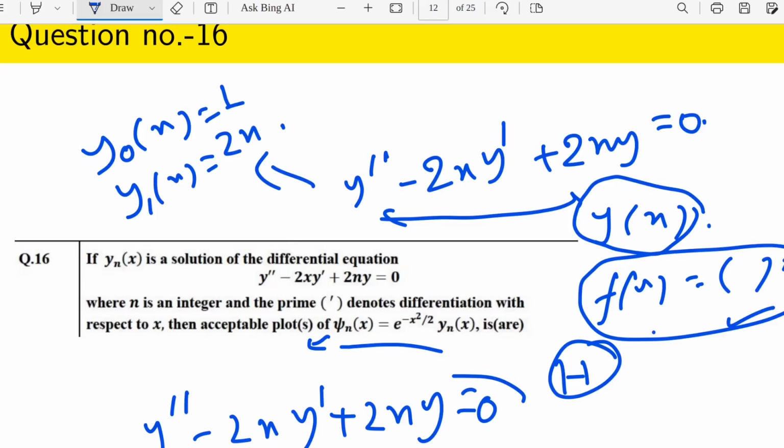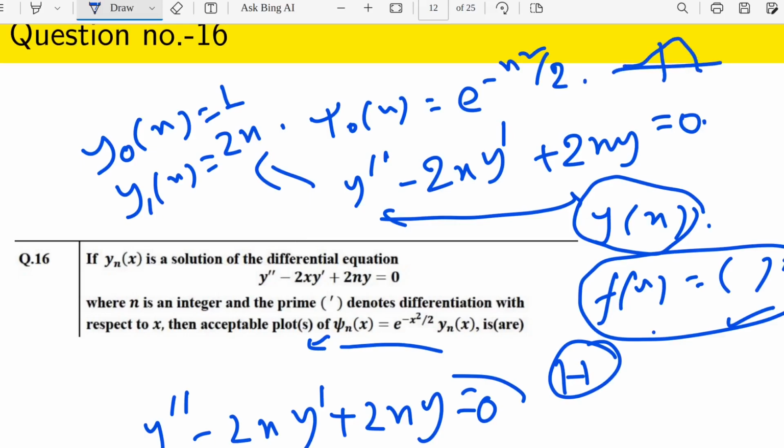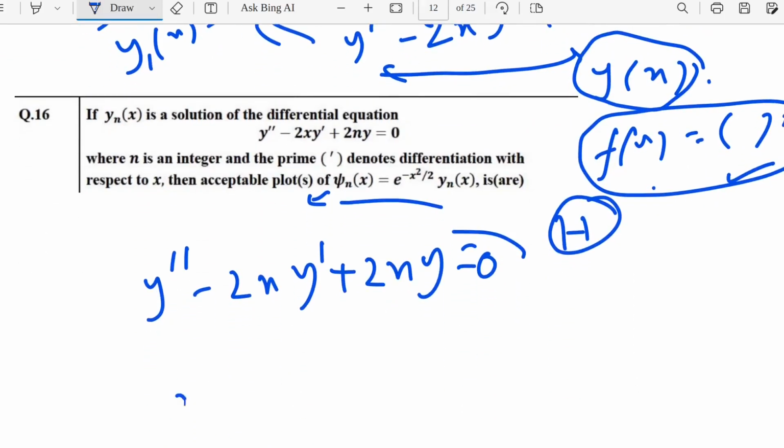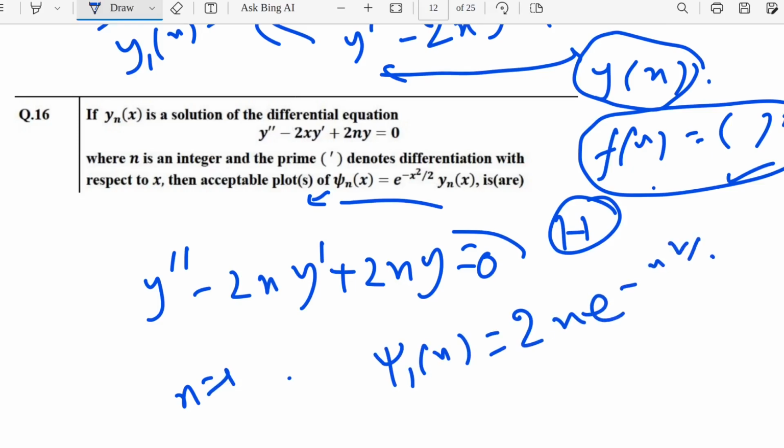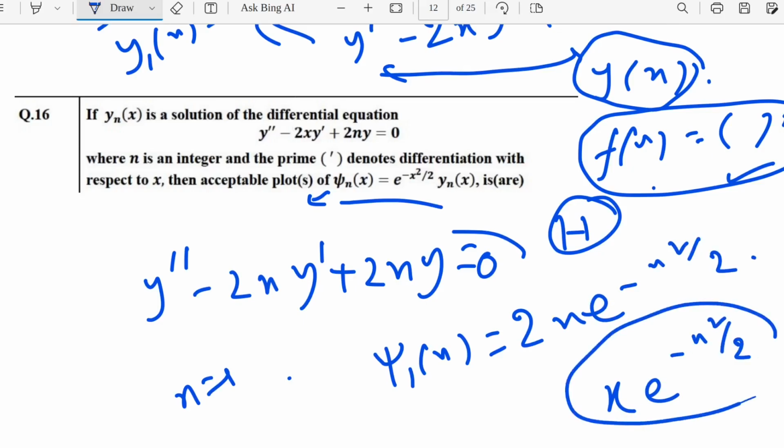Now we get the nature of that plot. Psi 0 x is e to the power minus x square by 2, and obviously you all know what the nature of e to the power minus x square by 2 is. It is like that. And for n equals 1, psi 1 x is 2x e to the power minus x square by 2, so it is nothing but x e to the power minus x square by 2 nature.